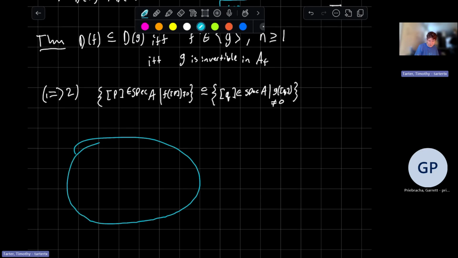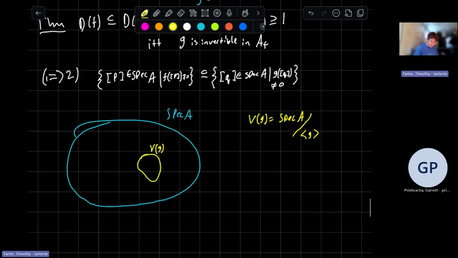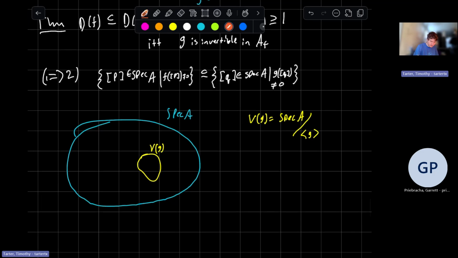So Spec A is partitioned into the vanishing of g, which is Spec A mod g, but then everything else on the outside is D(g).